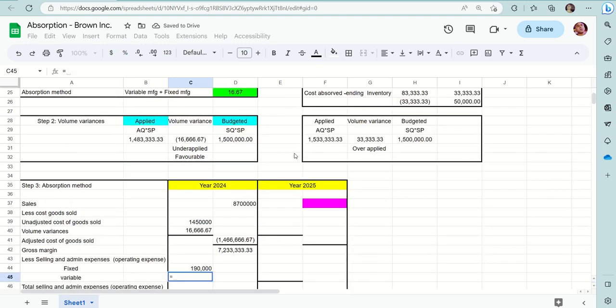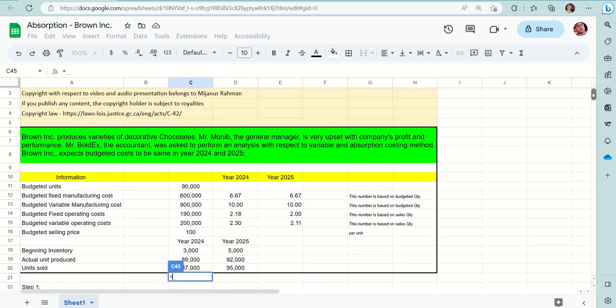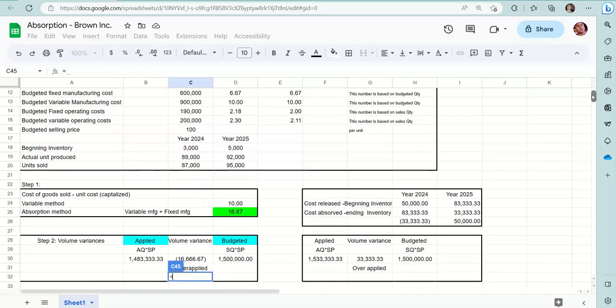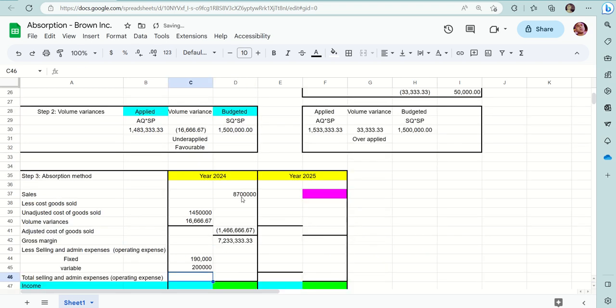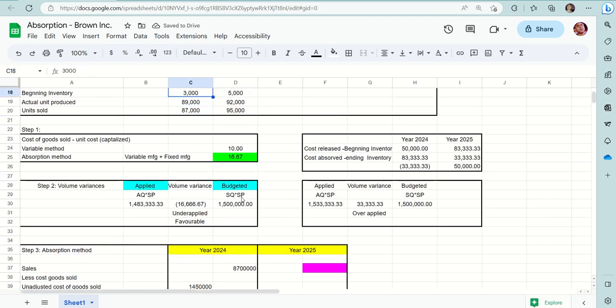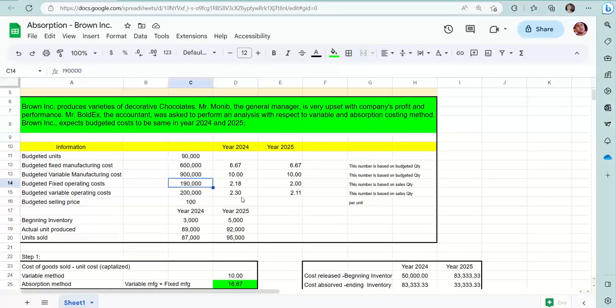And the variable costs sometimes could change. So we sold 87,000 units, multiplied by this 230. That would be exactly the same, which is 200,000.